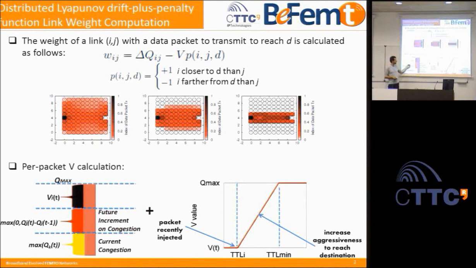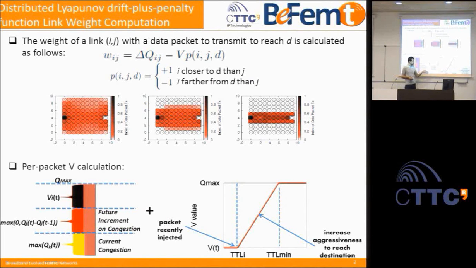For dynamically modifying this V parameter, we take into account not only the absolute value of the queue backlog of the nodes, but also the rate at which the queue backlog increases. And based on that, we modify the value of V for taking the decision for the next period. The other important thing is that we do it on a per packet basis in the sense that we also take into account other quality of service parameters of the packet.